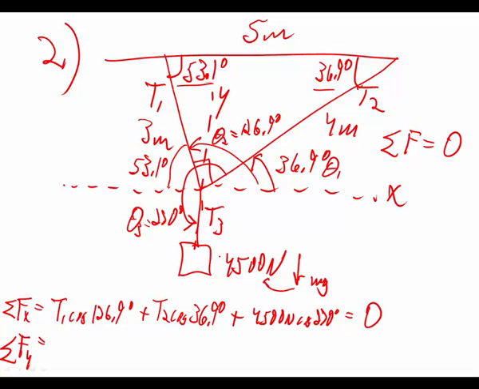All right, so what are the sum of the forces in the y? Well, T1 sine of 126.9 degrees plus T2 sine of 36.9 degrees plus, now, what is 4,500 sine of 270?